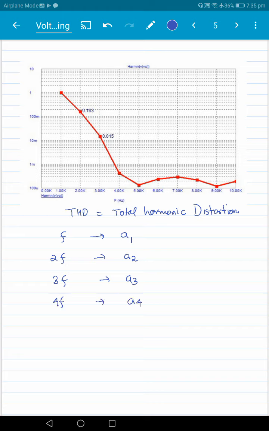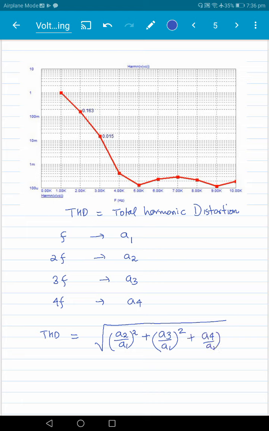Now, total harmonic distortion, THD, will be equal to the square root, and we take the ratio. So all the other harmonics: A2 by A1 squared, we add it up in RMS fashion, A3 by A1, the third harmonic normalized by the fundamental component, and A4 by A1 squared, like that. You take all of them and multiply by 100.